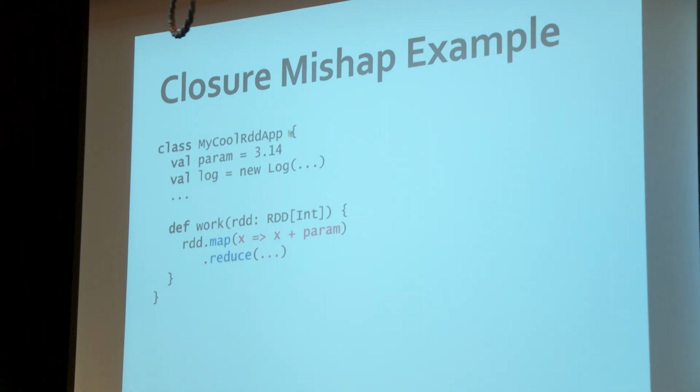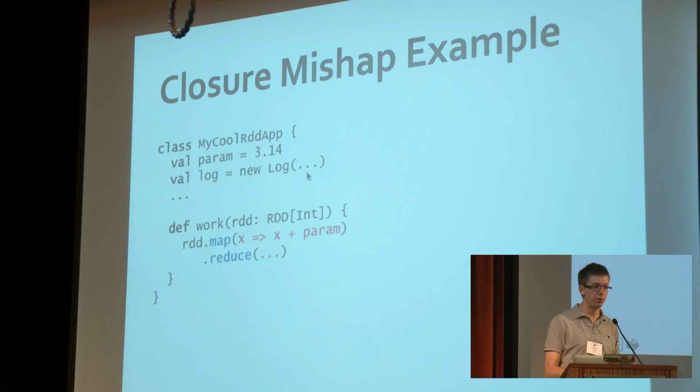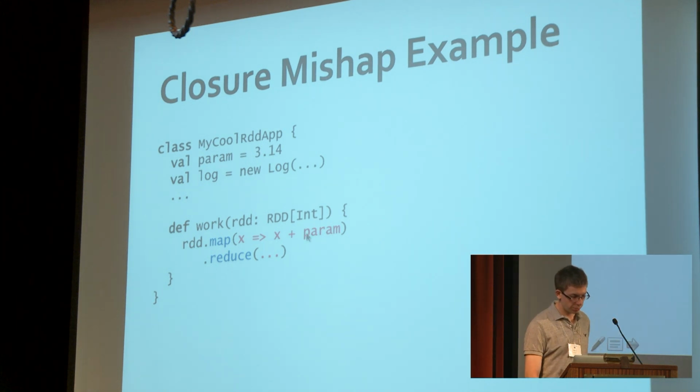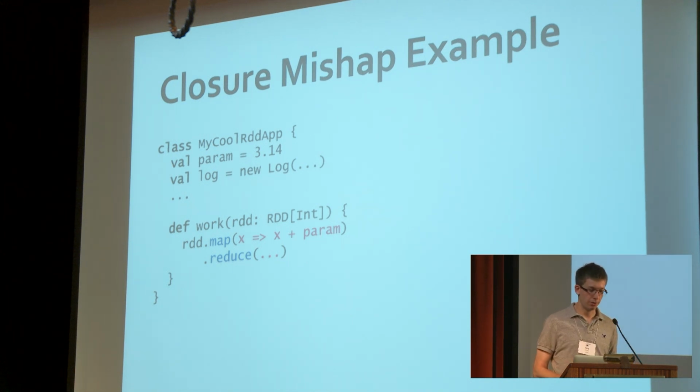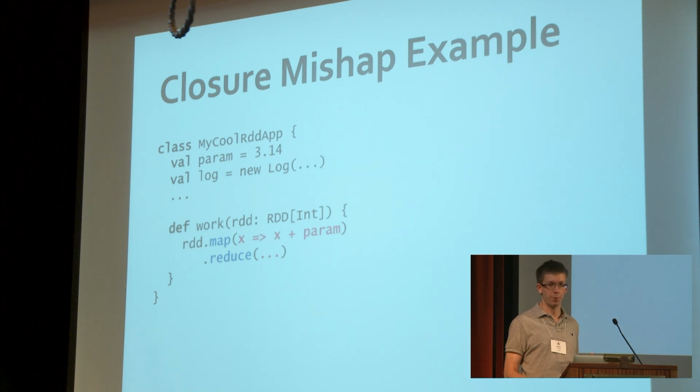If you have your object, it has a parameter that's a field, but it also has other stuff like a log file that it's opened as its fields, and you use param in a map, this is actually not going to work. The reason is that when you're accessing param here, it really means this.param. So you're accessing the current object and asking it for its field called param, and we have to send all of that object across.